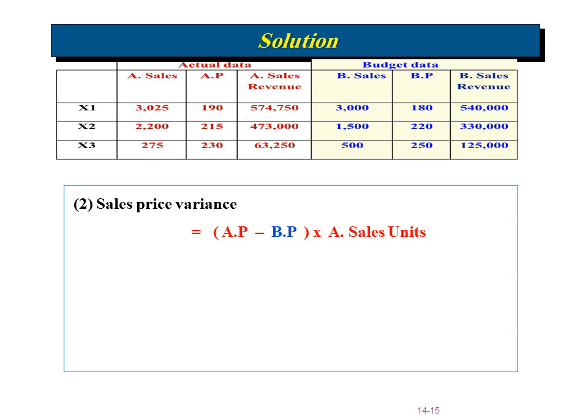When I speak about sales price variance, sales price variance means actual price minus budgeted price, like the price variance in direct material, where we speak about actual price minus standard price. Here we speak about actual price and budgeted price times actual sales units. Again, actual sales units.